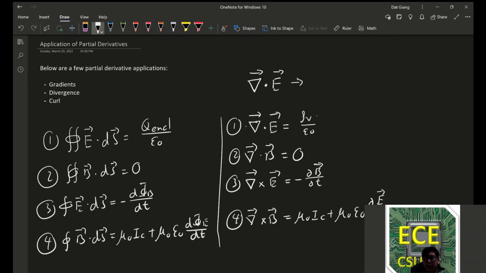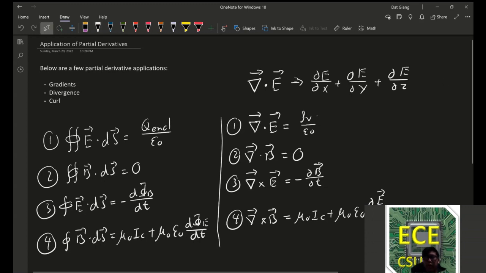Whenever we take the gradient dotted with a vector, we have the scalar product of the three added together. We have del E del x plus del E del y plus del E del z, assuming Cartesian.